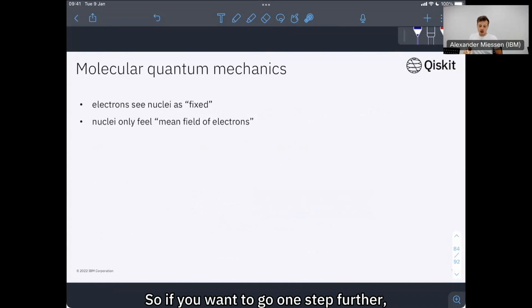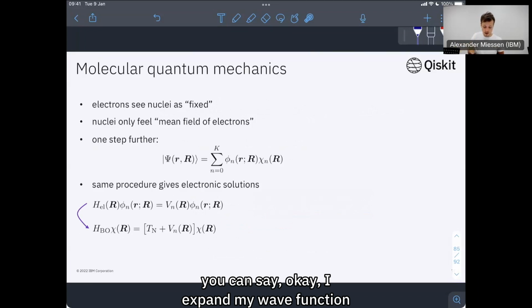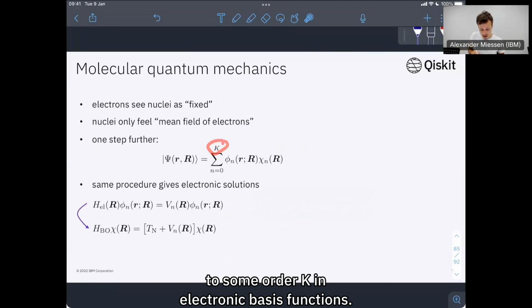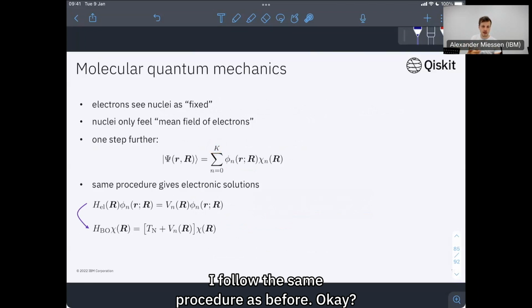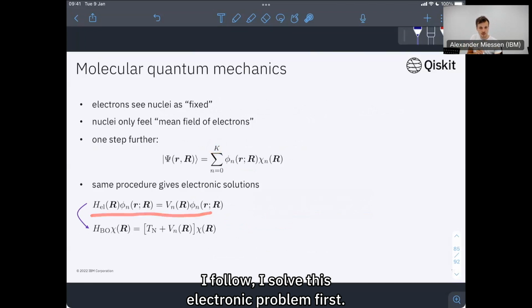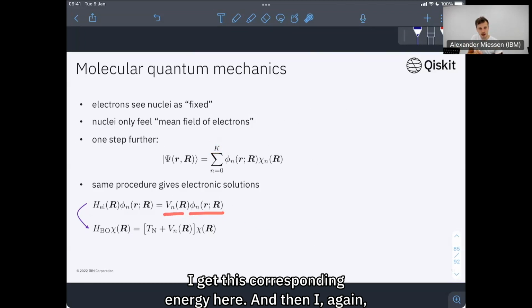So if you want to go one step further, you can say, okay, I expand my wave function to some order k in electronic basis functions. This is also still an approximation, and I follow the same procedure as before, okay? I solve this electronic problem first, then I get for each electronic wave function this corresponding energy here.